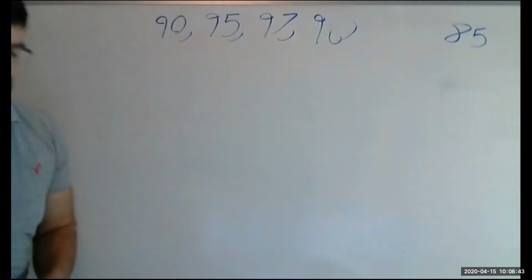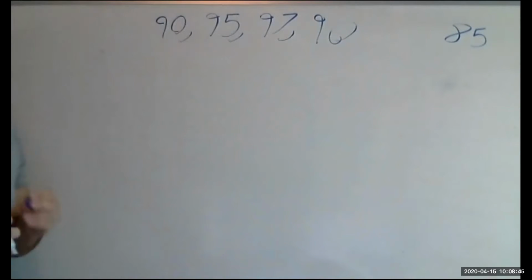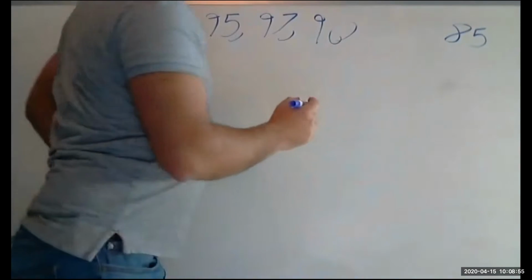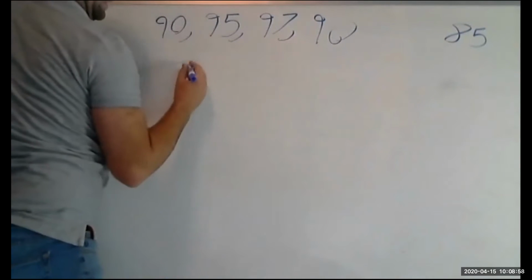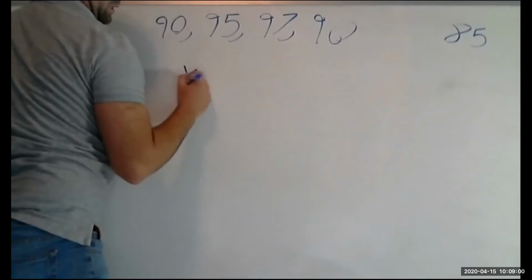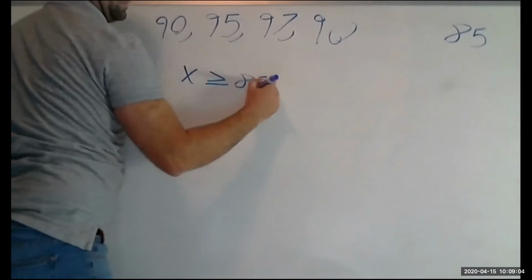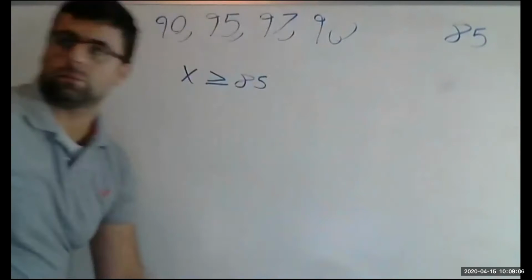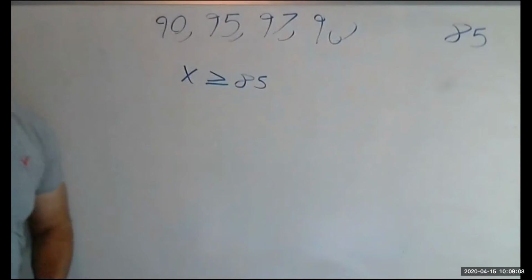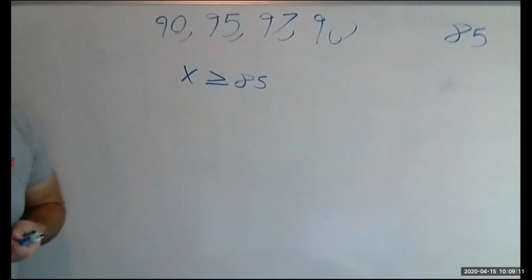Okay, so we're going to set up an inequality. What inequality would you like to set up? x is greater than or equal to 85, I think. All right, so x greater than or equal to 85. That's an inequality. What is x in this case?